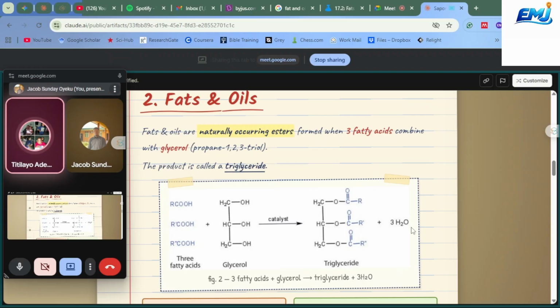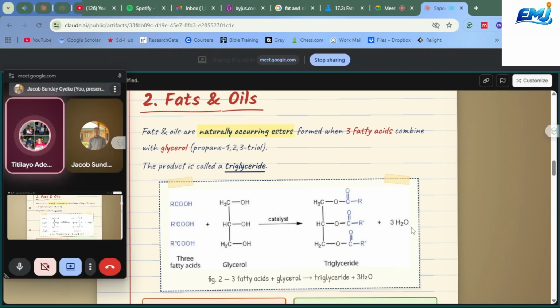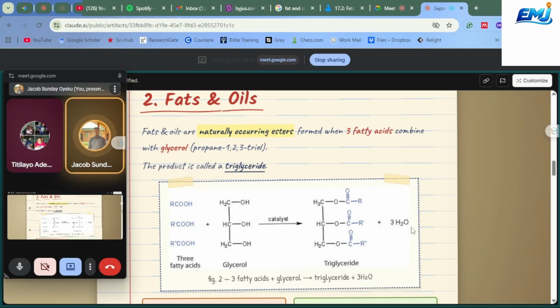Sir, please, in the reaction, there's a catalyst that is used. What catalyst can be used for this kind of reaction? It is actually dependent on what particularly. That's why we have a general name here, just catalyst. It depends on the R, as it were.